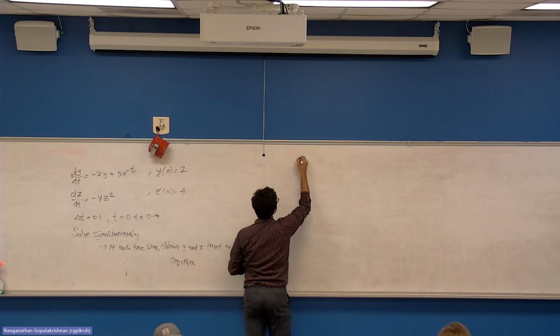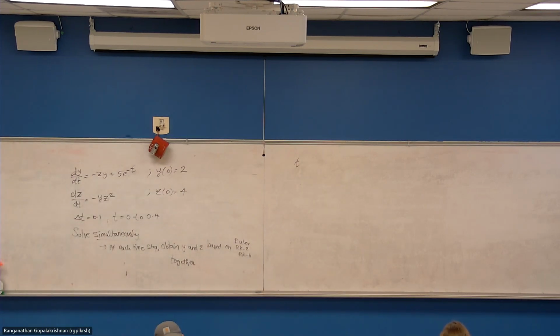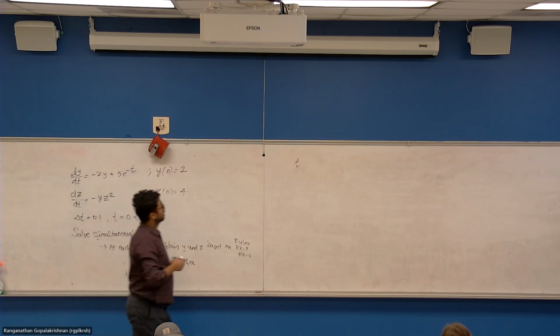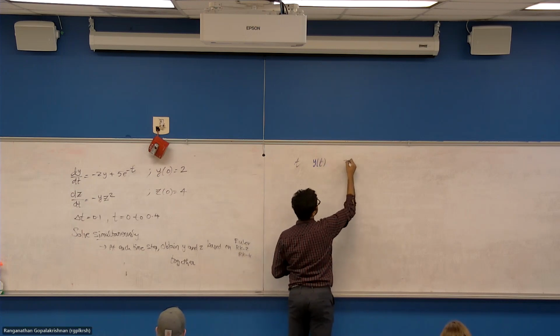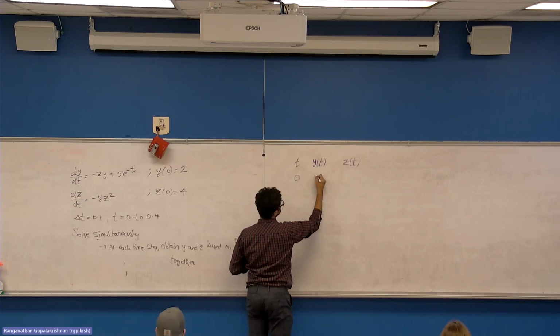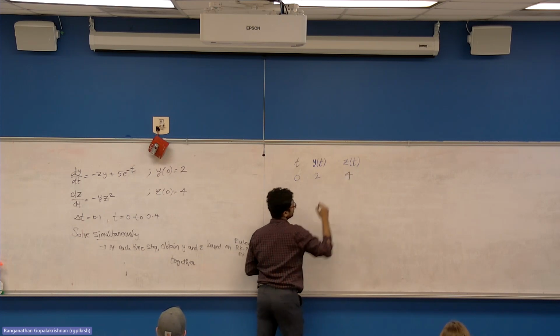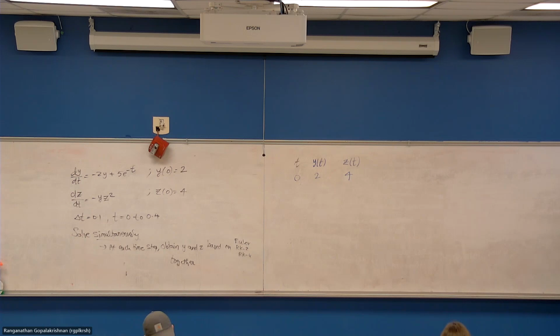So you'll have time, y of t, z of t. At time 0, y of t is given to be 2, z of t is given to be 4. Okay.